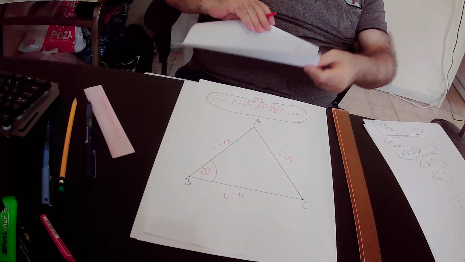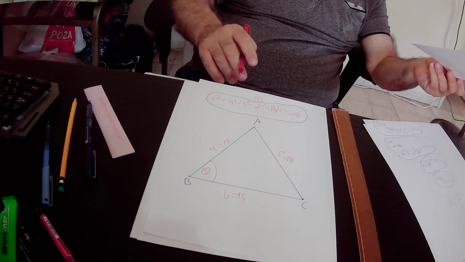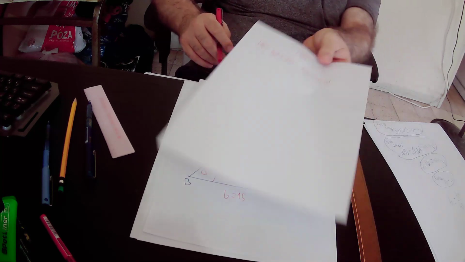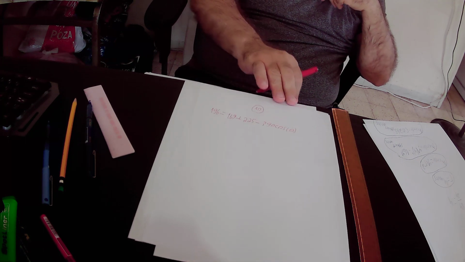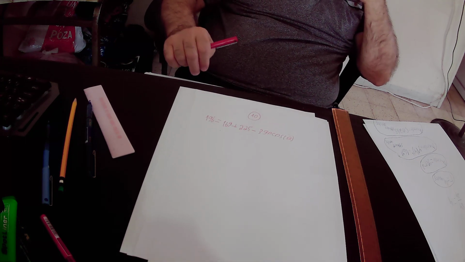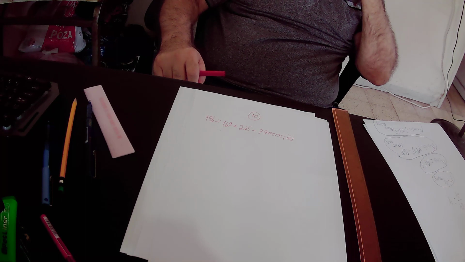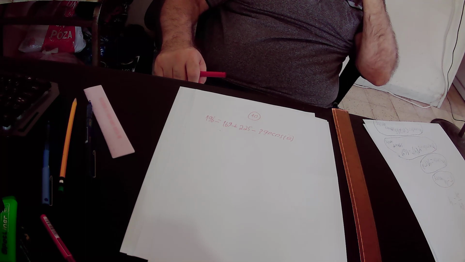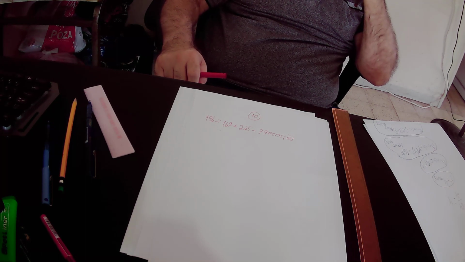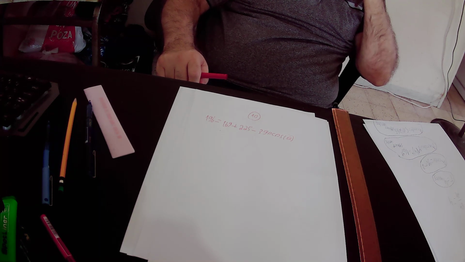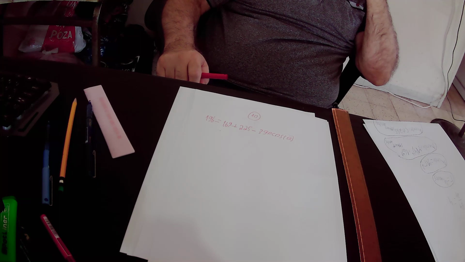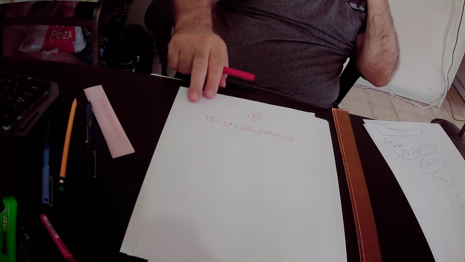So in total, after we put the data inside this equality, we get 196 equals 225 minus 390 cosine theta. 169 plus 225 equals 394, so I will write it down.